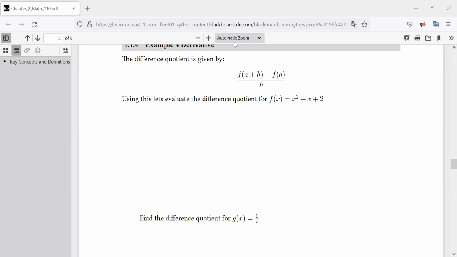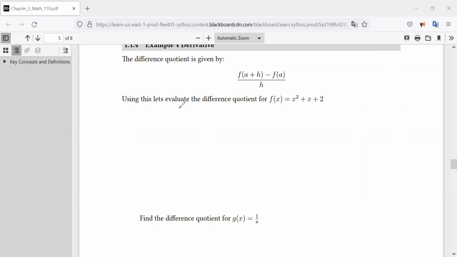So this basically looks at how, around the point a, how quickly this is changing. If I were to draw a graph, if this is a plus h, you have the slope of the line that connects these two points. And as you shrink that, you get what's called the derivative. But this right here is called the difference quotient, and we're going to plug it in and see how much we can simplify things.